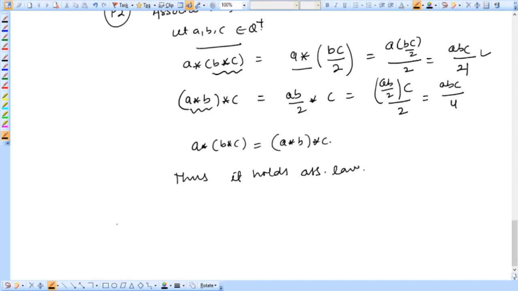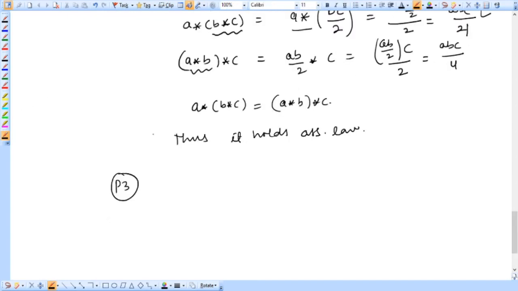Now third property. The question is, what could act as identity in this case? Third property is all about identity. I want you to think about identity.